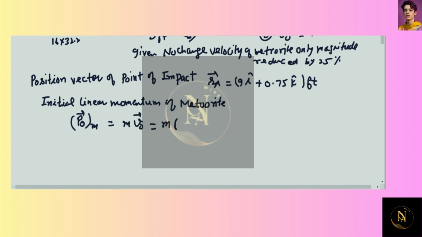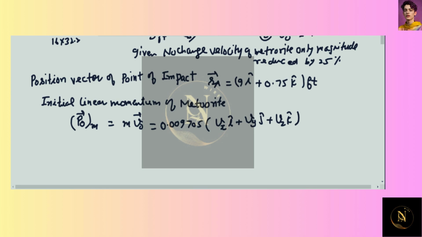M is given, so it is 0.009705 times Vx i cap plus Vy j cap plus Vz k cap.